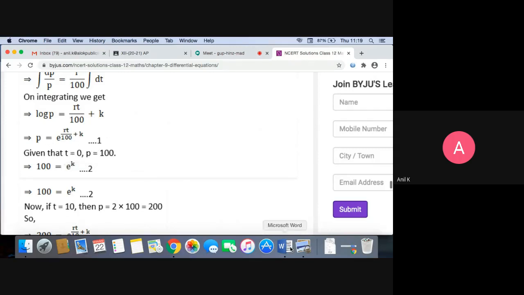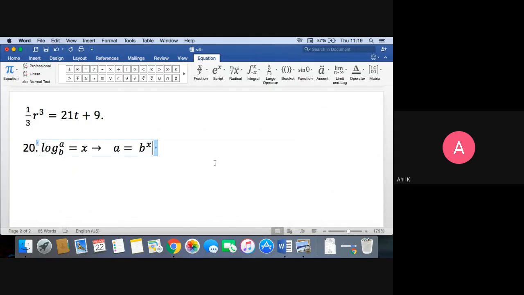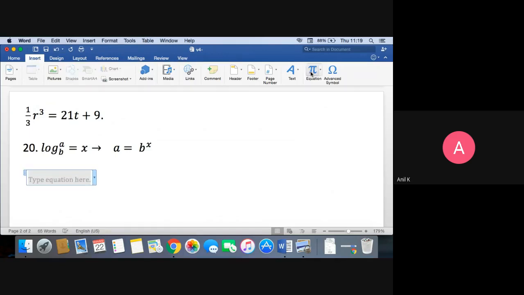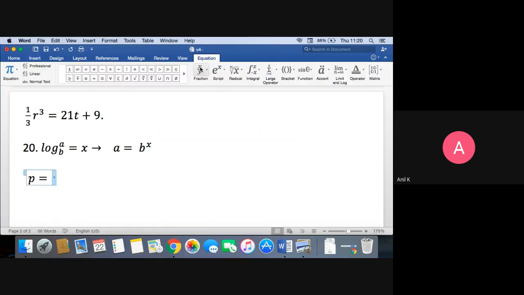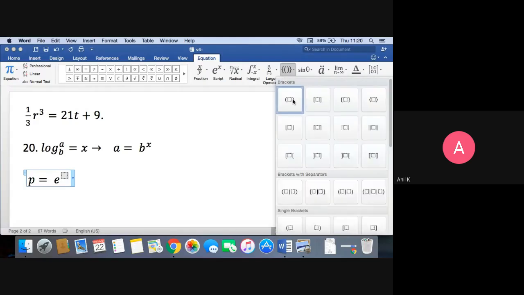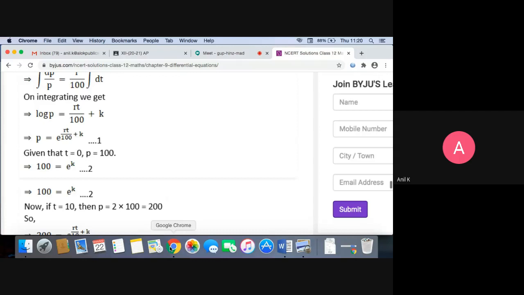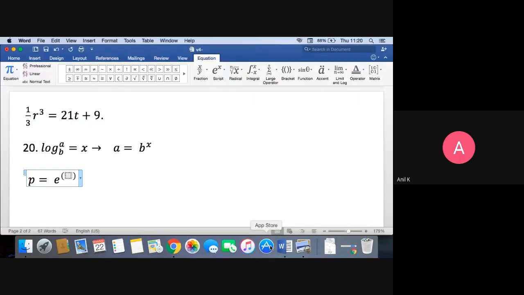Let me write this step here. P equals e to the power, let me put the bracket so that no confusion will be there, e to the power of (rt upon 100 plus k).